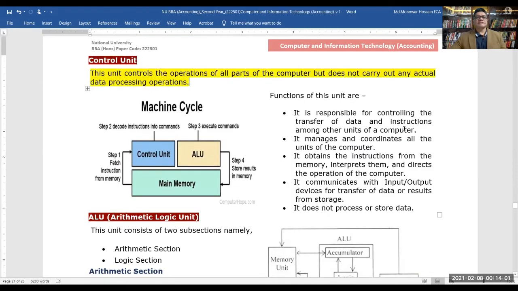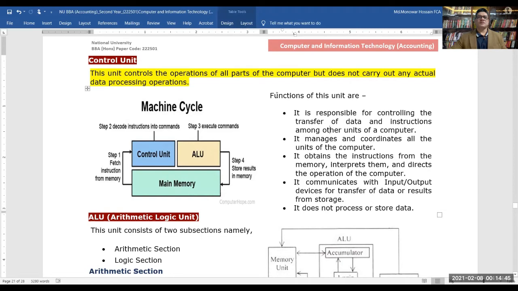Control unit: this unit controls the operation of all parts of the computer, but does not carry out any actual data processing operation. Machine cycle: first, fetch instruction from the main memory to the control unit. Second, decode the instruction into commands in the machine cycle. Third, execute the command in the ALU. And fourth, store the result in memory.